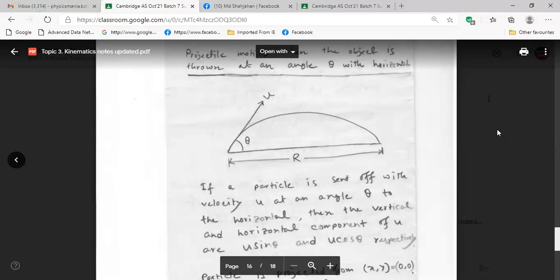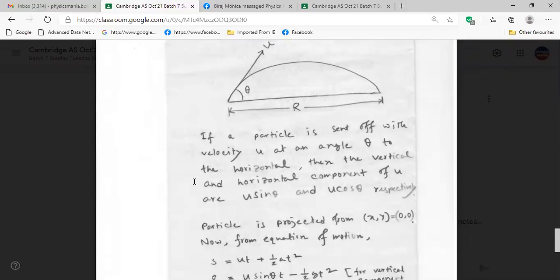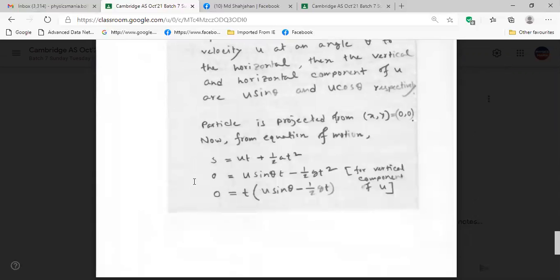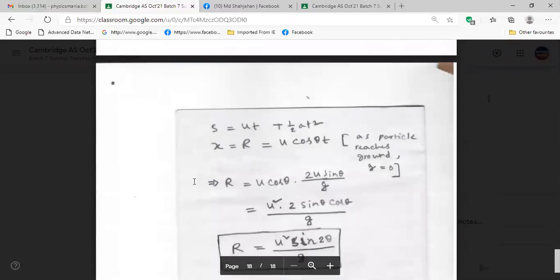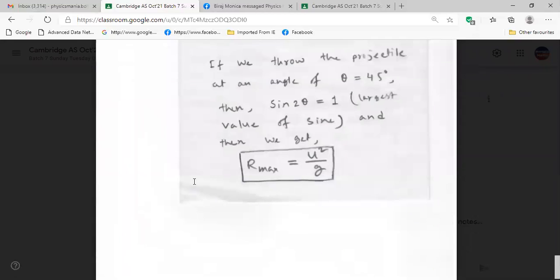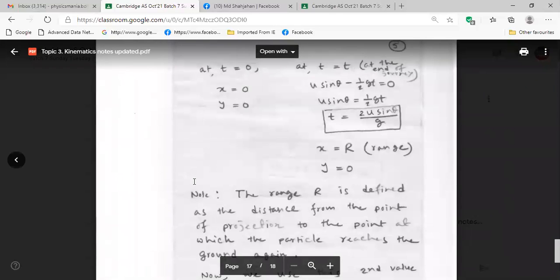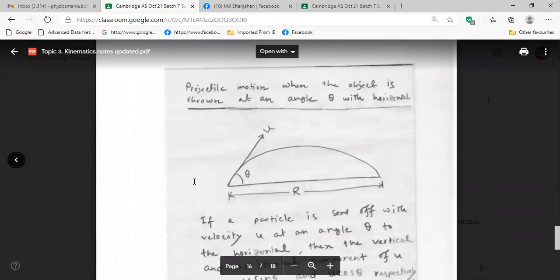That means how far it will go depends on the angle and the initial velocity. So please try to understand it, and after that you write the notes. The first task is to understand it properly.